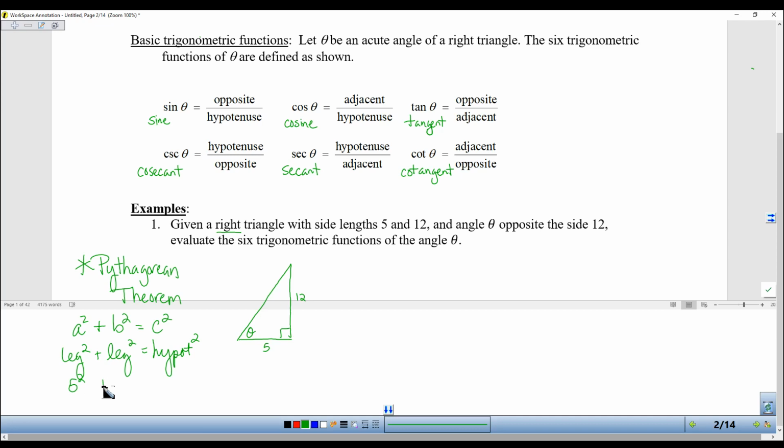So 5 squared plus 12 squared is equal to the hypotenuse squared. And you can use that to find the hypotenuse. So 25 plus 144 is equal to h squared. H squared is equal to 169. H is equal to 13.